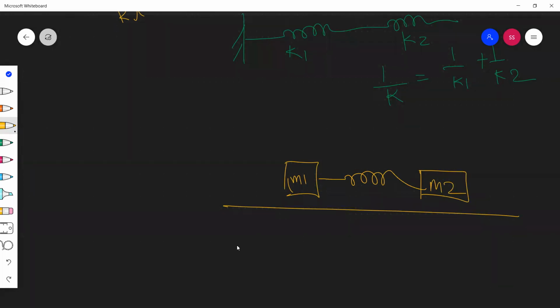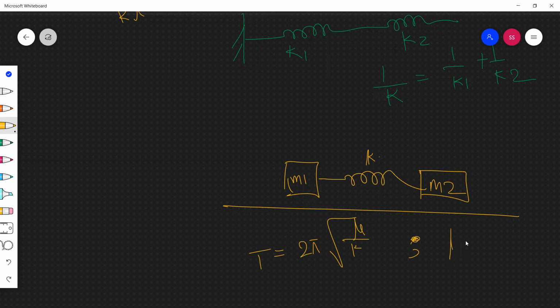Then in that particular case, time period T is equals to 2 pi under root of mu by K. If it is K, then time period is 2 pi under root of mu by K, where mu is actually equals to M1 M2 upon M1 plus M2. It is also called as reduced mass.